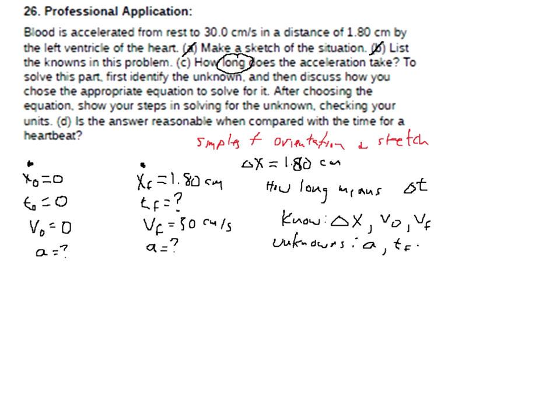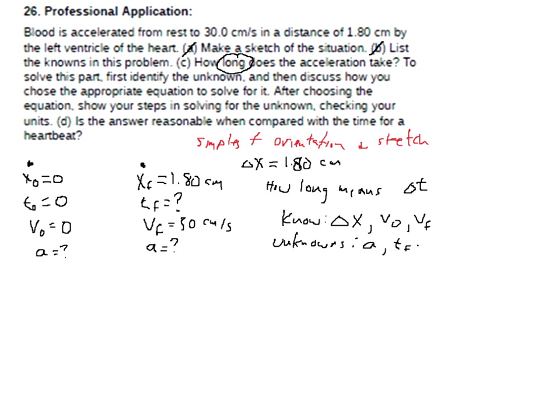So we are looking for an equation here that has these velocities, it has a delta x, and it has a t final in it. That would be ideal. We could look for an equation that has acceleration in it, but we don't know acceleration. So that would give us an extra step that we probably don't need.